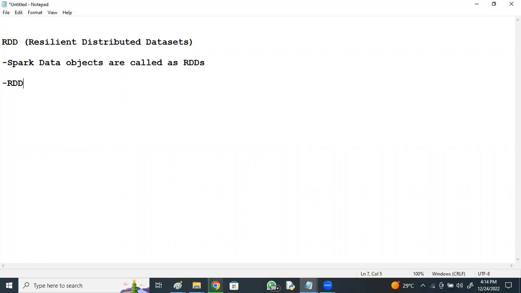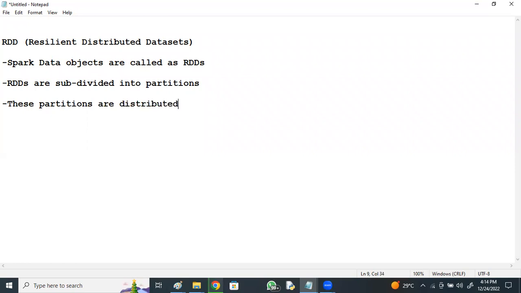Again, these RDDs are subdivided into partitions, and these partitions are distributed across multiple RAMs of multiple slave nodes.